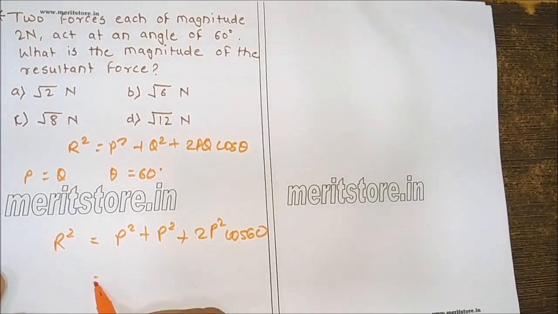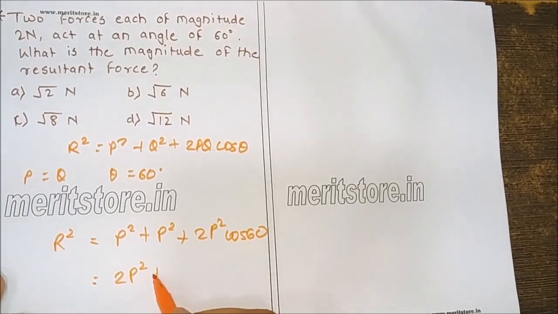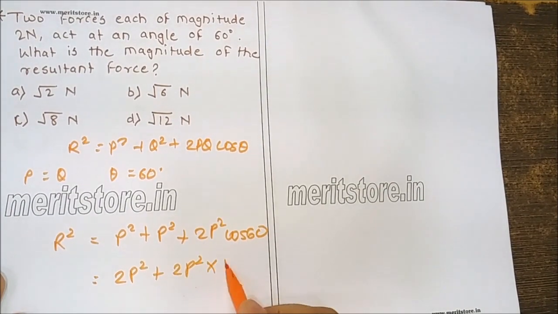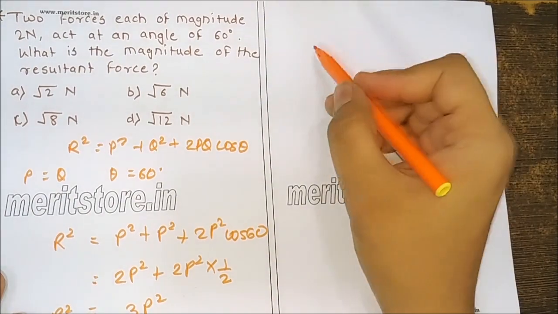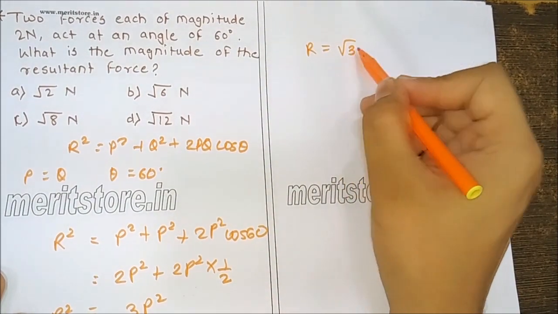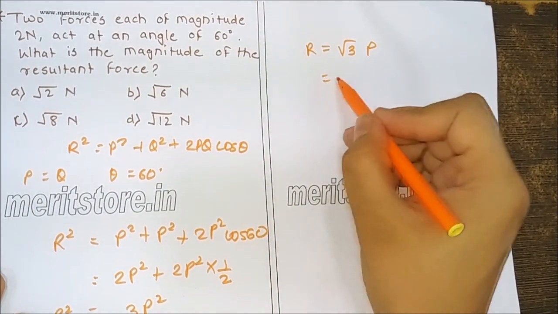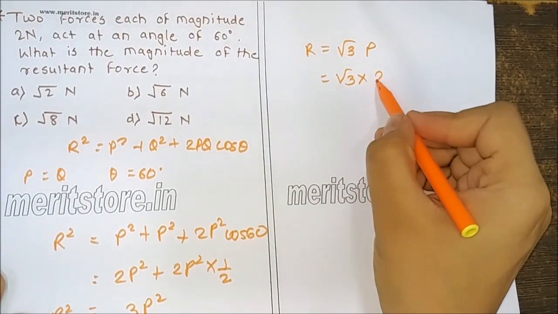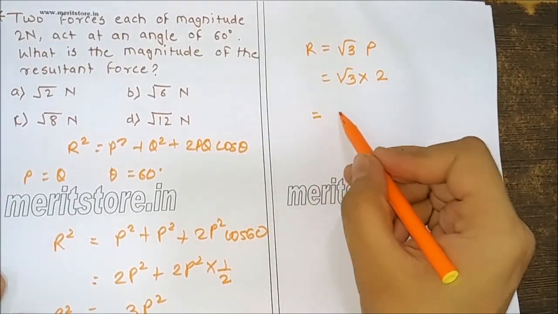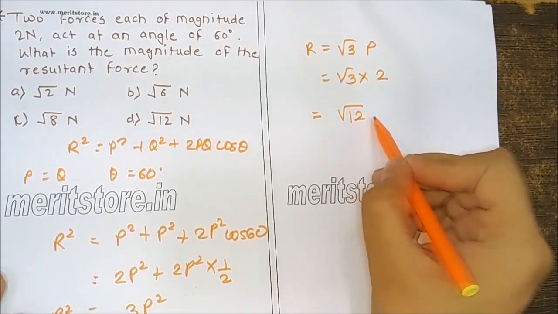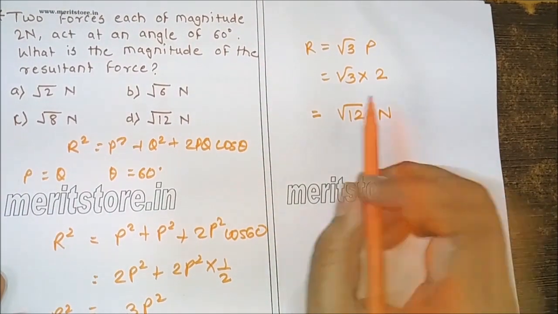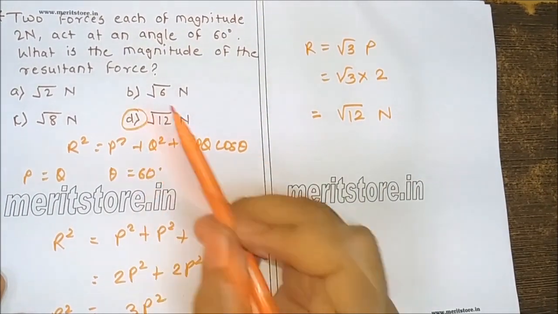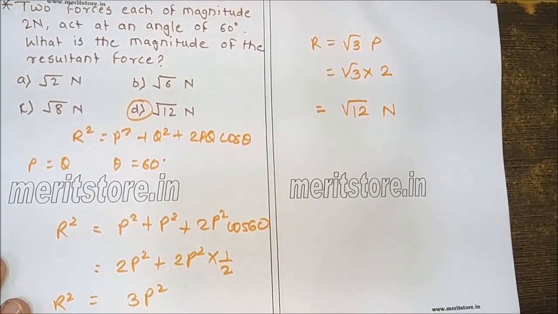On solving, we get 2p square plus 2p square into 1 by 2, which is equal to 3p square. So value for r square is equal to 3p square, where r can be now written as root 3 into p, which is root 3 into value for p was 2, which will give us root of 12 Newton. So option D, root of 12 Newton is the correct answer.